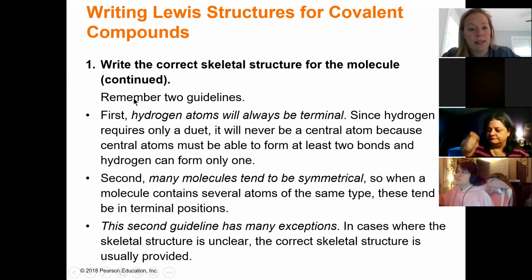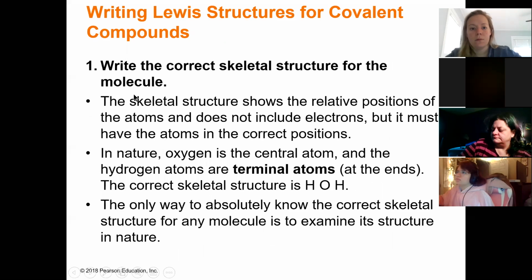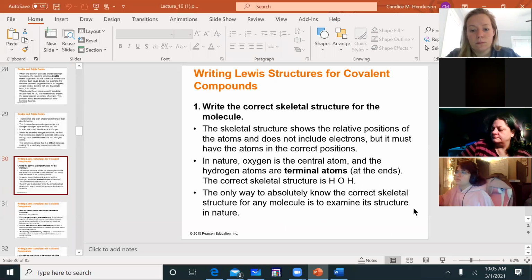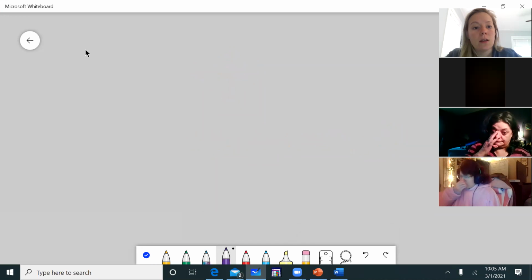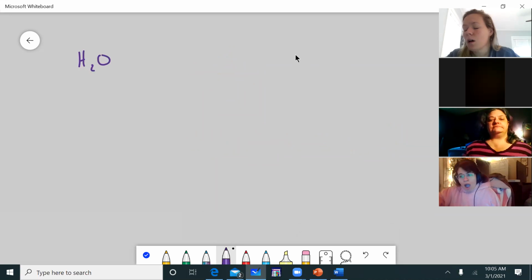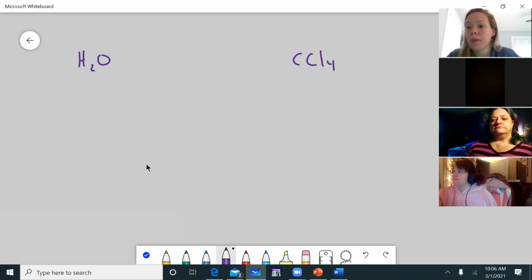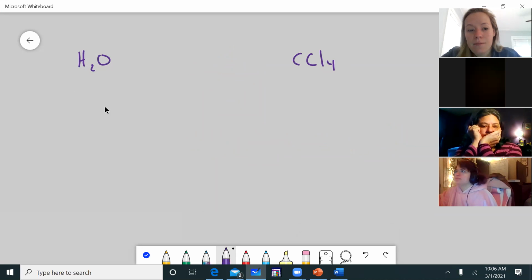So let's say we've got, we already kind of know what the structure for water is, but we'll go through it anyway. So I've got H2O, and then also let's do CCl4. When looking at this, if I make the skeletal structure, hydrogens like to be on the end anyway.